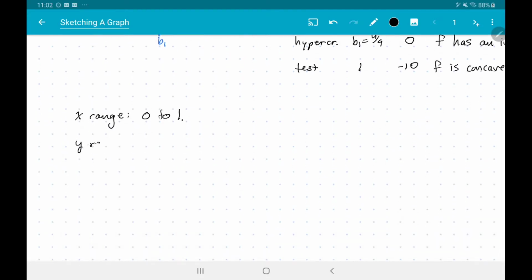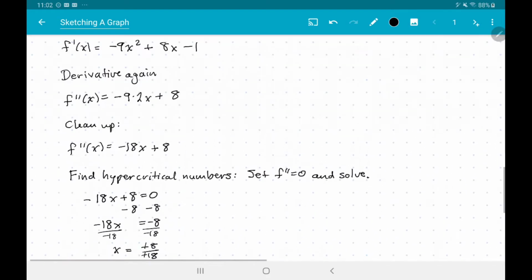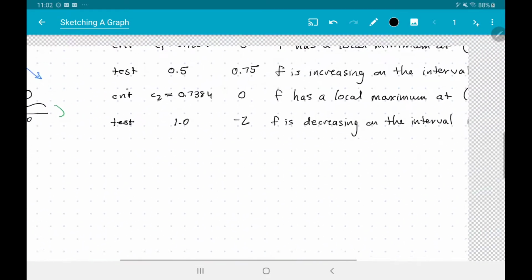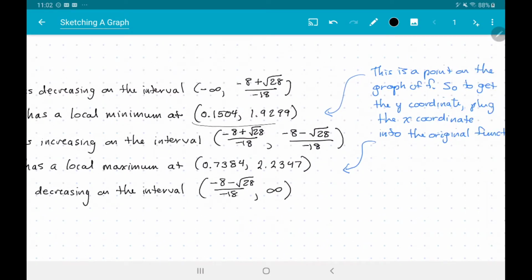The y range is going to be a little bit of a challenge because if you look at the two critical points, the local maximum and the local minimum, their y coordinates are rather close together.